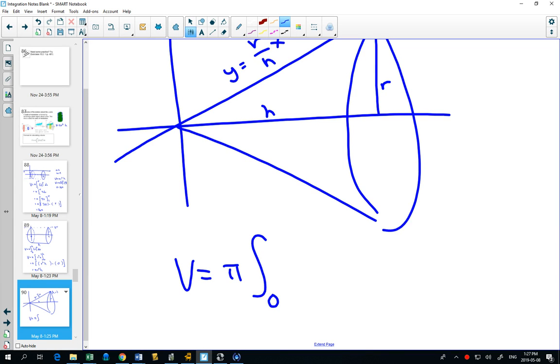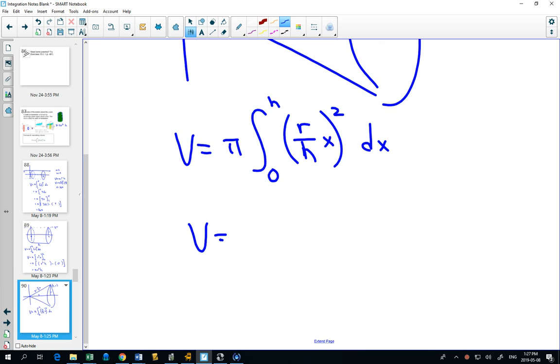I'm going from 0 up to h of, my function is (r over h)x squared dx. So I simplify this a little bit: pi r squared over h squared times x squared dx.